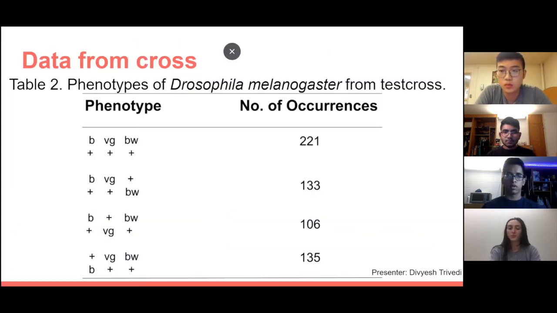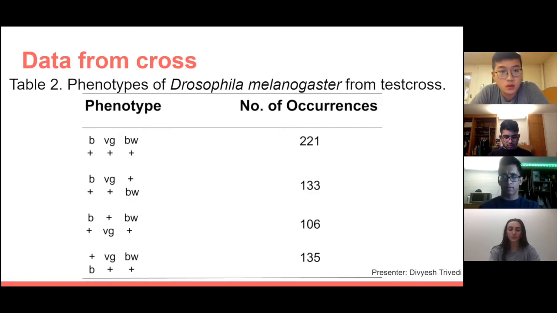So from here, we have data from our test class, and the data is taken from all the groups in our class. So it shows the phenotypes of the Drosophila from the test class. And in this case, two genotypes are paired together because the highest number of occurrences is the parental genotype, which is having the three wild type alleles, while the other one has three recessive alleles.